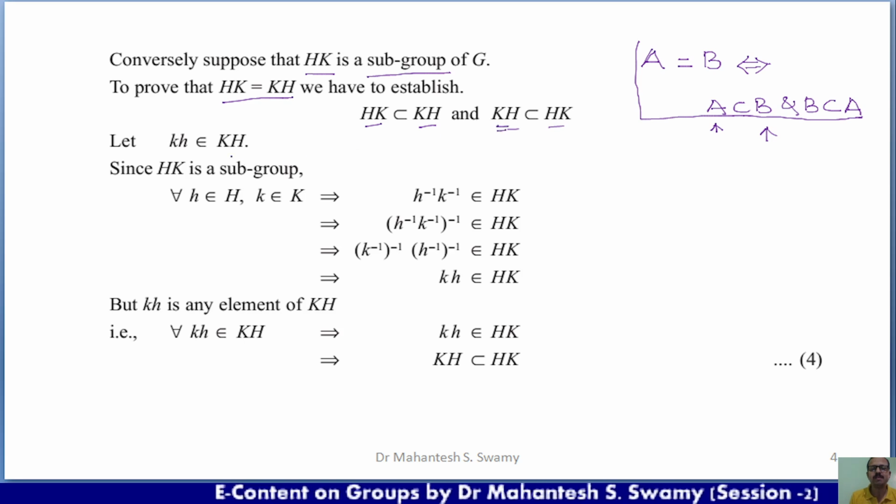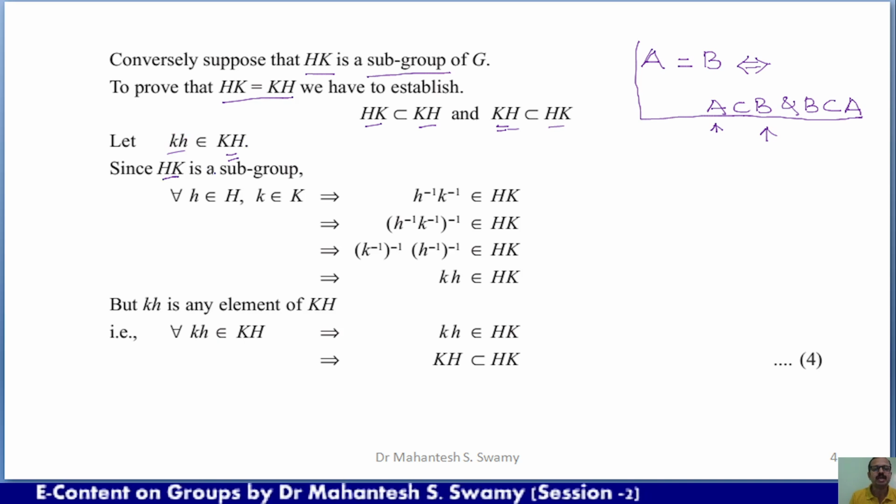What type of elements will be there in KH? The elements of the form small k into small h, where small k belongs to capital K and small h belongs to capital H. See, the element small k into small h is an arbitrarily chosen element of capital K, capital H. Now, we have already considered that HK is a subgroup.